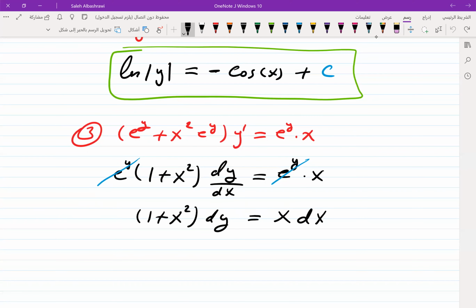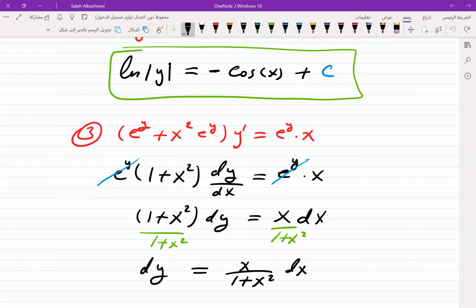But we have 1 + x² on the left-hand side, so we have to divide by 1 + x². I will have dy equal to x divided by (1 + x²) dx.